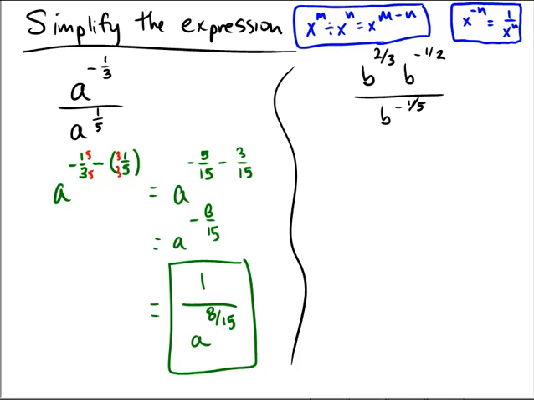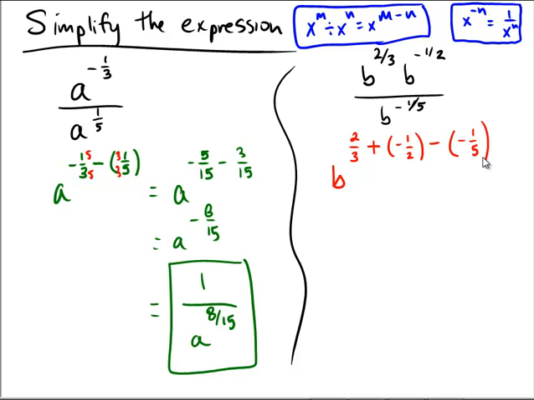Okay, next problem over here. Let's try this one out. The common base is b. Exponents are 2/3 plus negative 1/2, because they're both on top, so that's multiplication. And then in the bottom, so subtraction, minus negative 1/5.